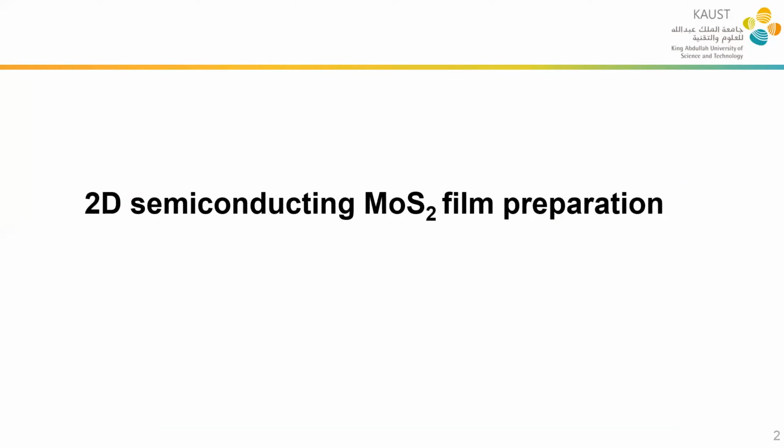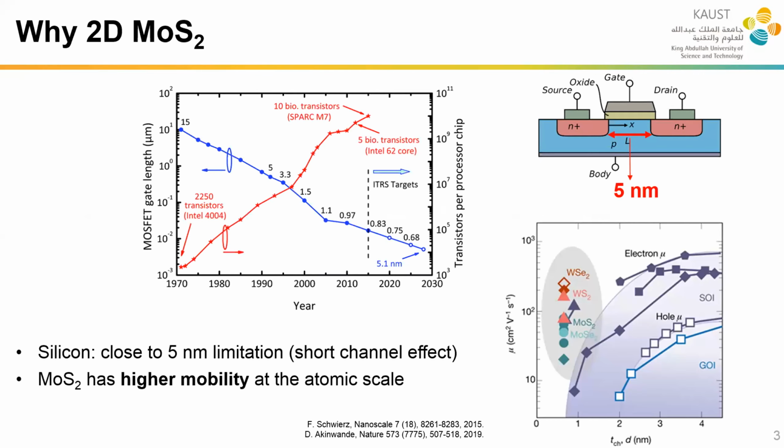First of all, semiconductor 2D material is a very important research objective currently because it has very promising results. Silicon-based transistor technology is going to reach the physical limit. So what is the physical limit?